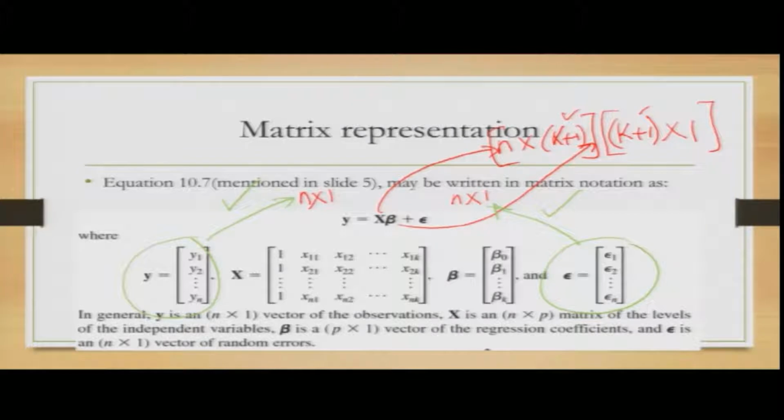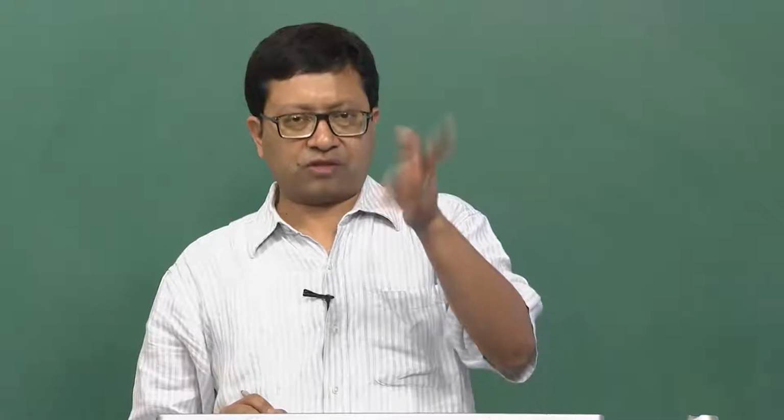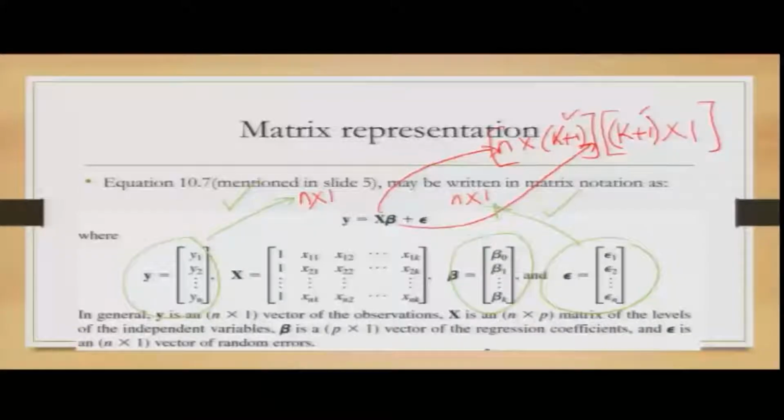Now, the value of beta which I mentioned was k plus 1 cross 1. Now, let me see what is there. It is matching. Why? Because beta naught is the 0th one or the first one, then you have 1, 2, 3, 4 till k. So, it will be k plus 1. So, this is also matching, and let me put a mark here also. And when I come to the x matrix, obviously, I said that it will be n cross k plus 1.